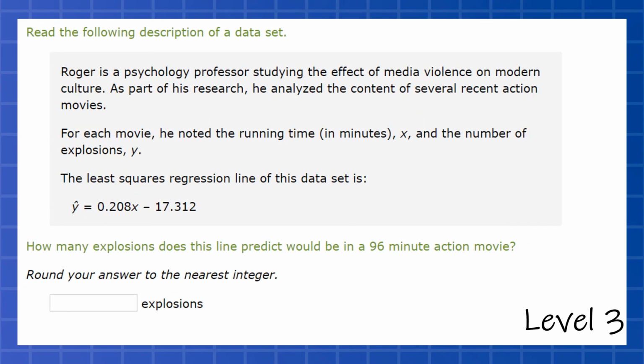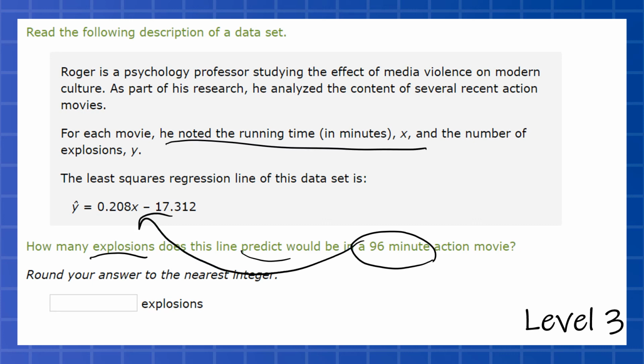This next equation gives us the least squares regression line, and it says how many explosions does it predict would be in a 96-minute action movie. So the 96-minute action movie is going to be the X. Again, all I'm going to do is plug in 96 for the X. I type in 0.208 times 96, and then I subtract 17.312.